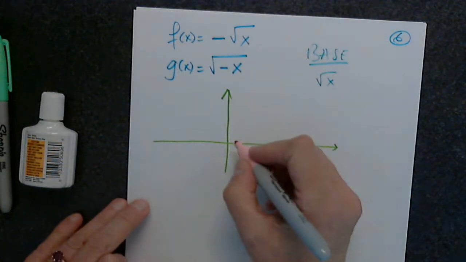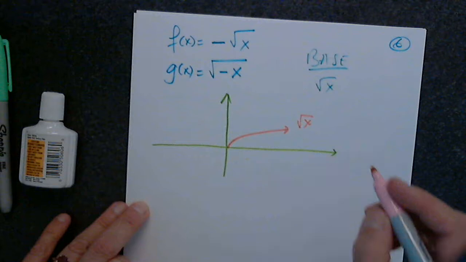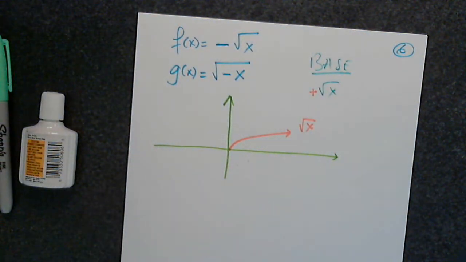Okay, so here's the graph of the square root of x with positive in front. So when the change happens in y, all positive values of y change into negative values of y, or all negative values of y with the minus in front will change into? Good.